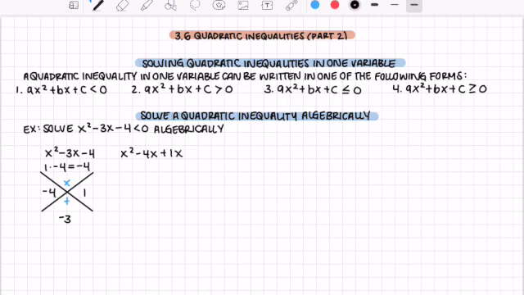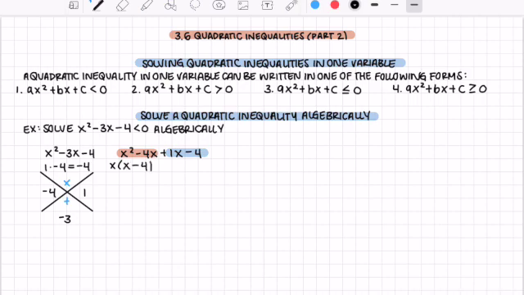1x minus 4. And then from here, I'm just going to factor out a common factor from each pair of terms. Right here, take out an x, and I'm left with x minus 4.